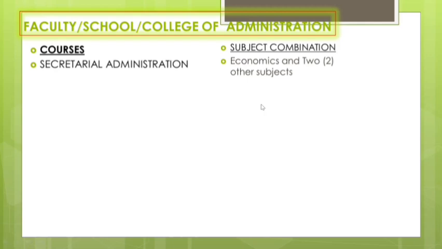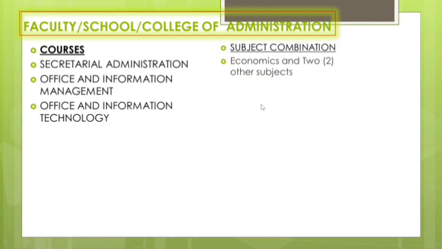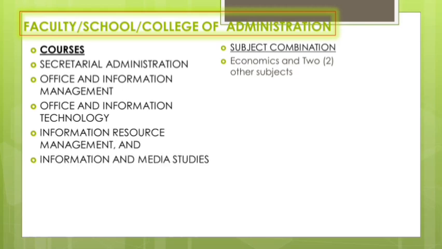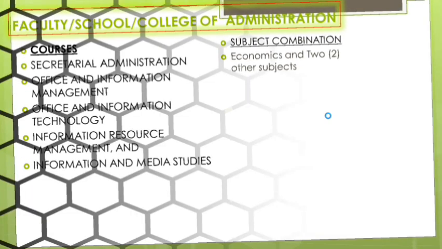For candidates applying for secretarial administration, office and information management, office and information technology, information resource management, and information and media study. Your JAMB subject combination include economics and two other subjects.